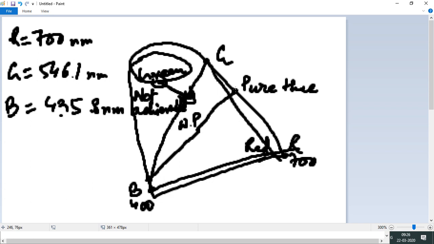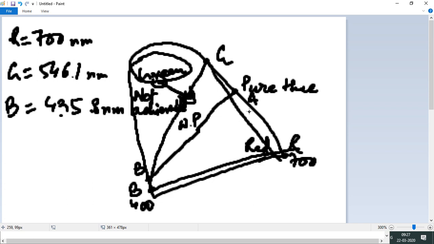So if we call this A and this B, and this is the white point, and we join A to the white point and continue the line to the other side so that it meets the spectral locus, then A and B will be complementary to each other.